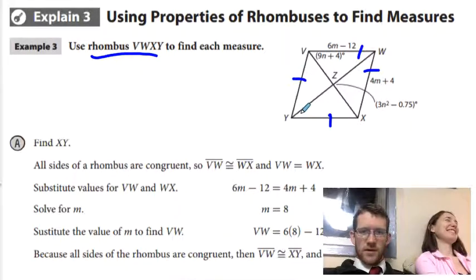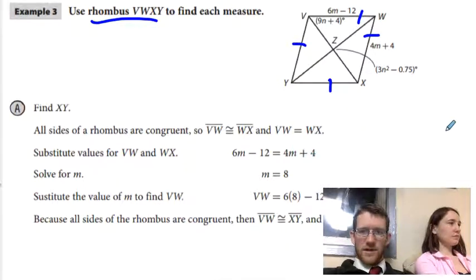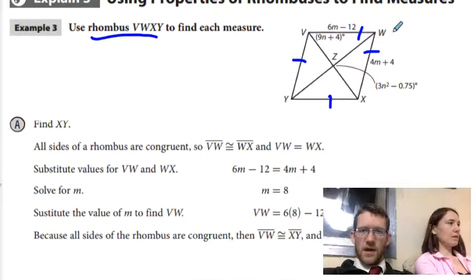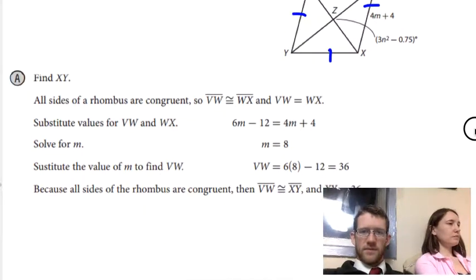All of these sides are congruent to each other. So 6m minus 12 is equal to 4m plus 4. We solve for m, and then we plug it back in, and we get our length of VW, or the length of XW. Doesn't matter, they're both the same, which is 36. Therefore, XY is also 36.